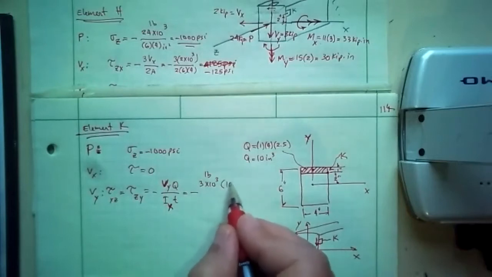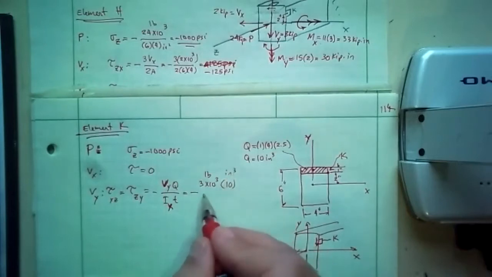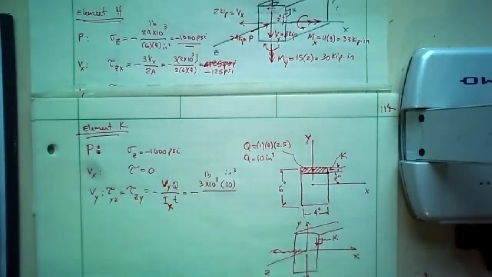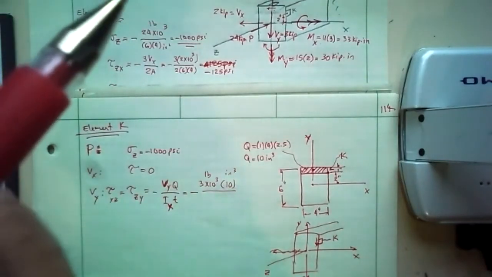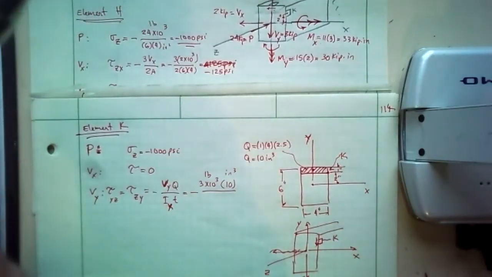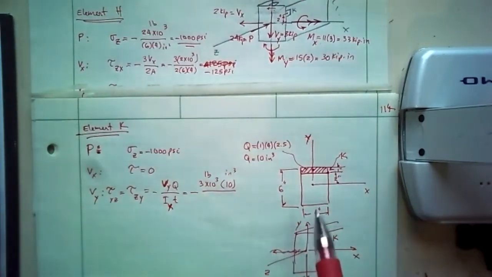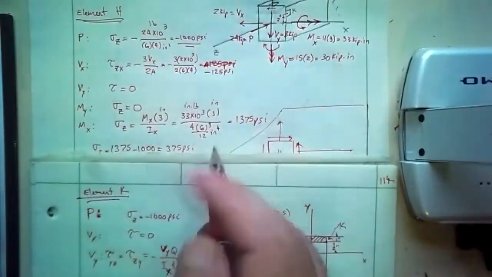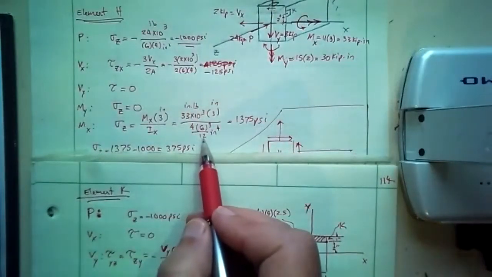Q was 10 inches cubed, divided by Ix, moment of inertia about the x-axis.